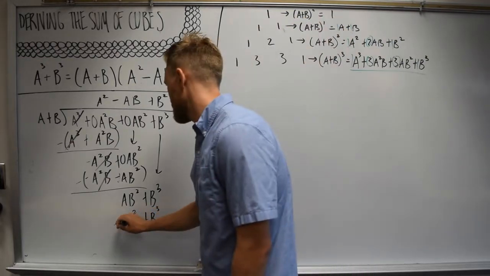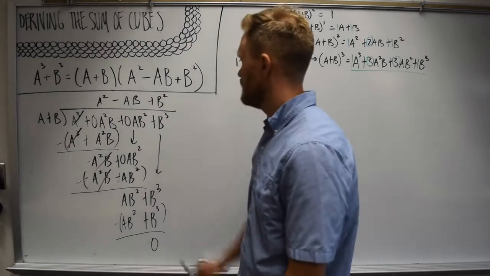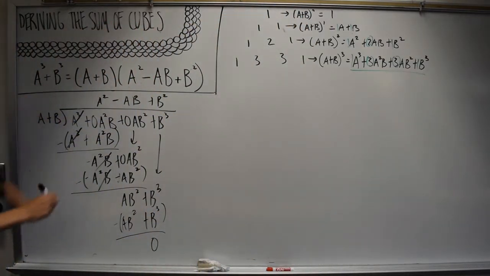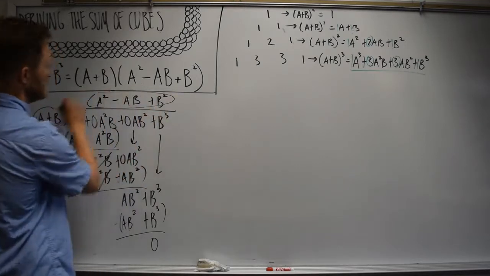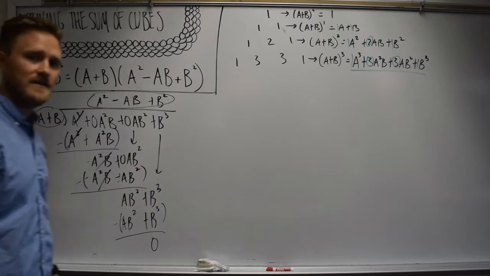And then when we subtract that, we end up with 0. So here we have that a cubed plus b cubed is equal to a plus b multiplied by a squared minus ab plus b squared, which is the same thing we have in the formula there.